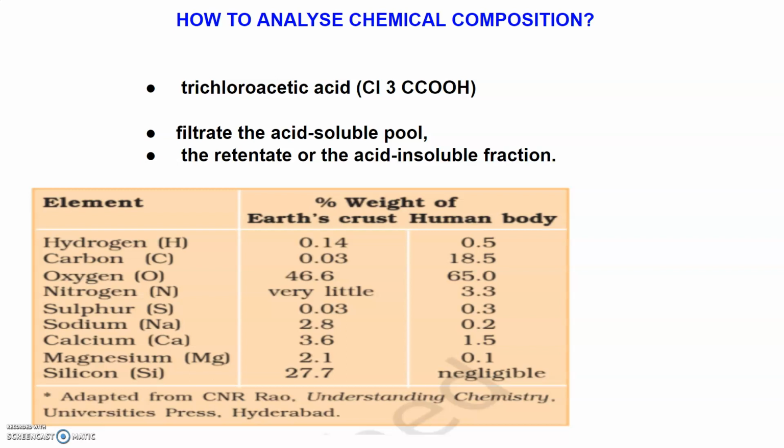The ash contains inorganic elements like calcium, magnesium, etc. When we see various elements which are present in the Earth's crust or in the human body, we find hydrogen, carbon, oxygen, nitrogen, sulfur, sodium, calcium, magnesium, and silicon. They are all present in various proportions.